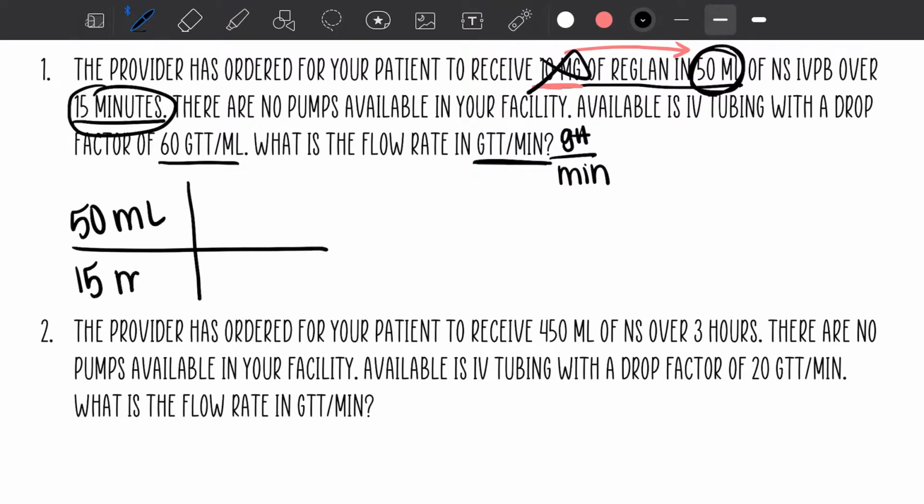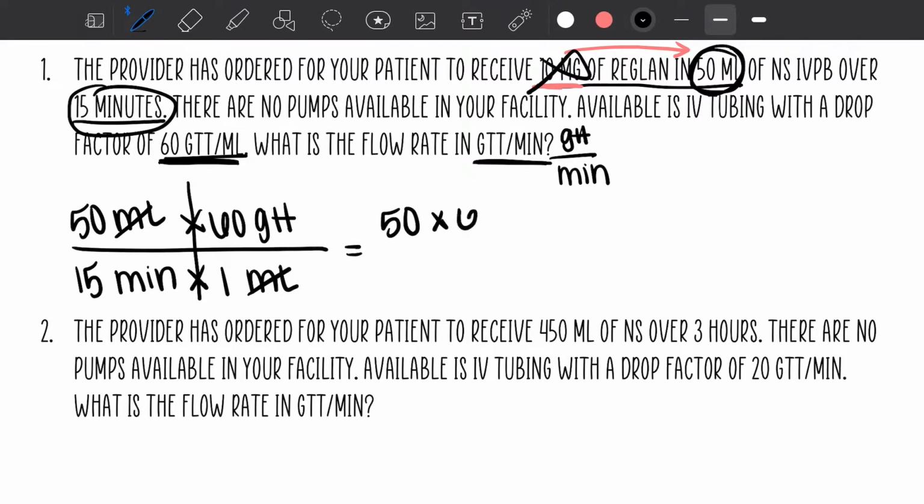over 15 minutes. Now what we have as our available is going to be our drop factor here. So we have 60 drops over 1 milliliter. So our milliliters cancel out and we're left with drops over minute, which is what we need. So we can multiply across the top and multiply across the bottom.